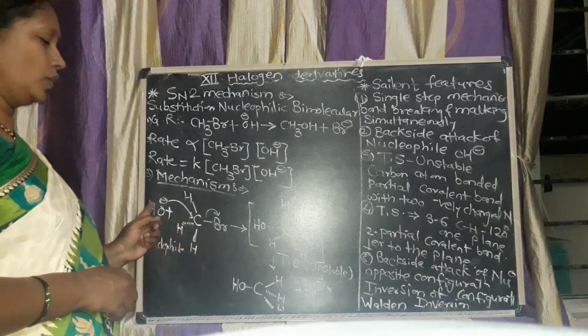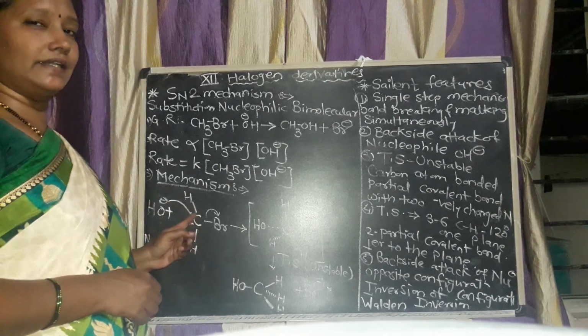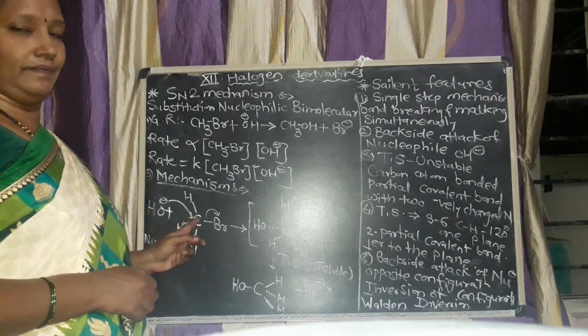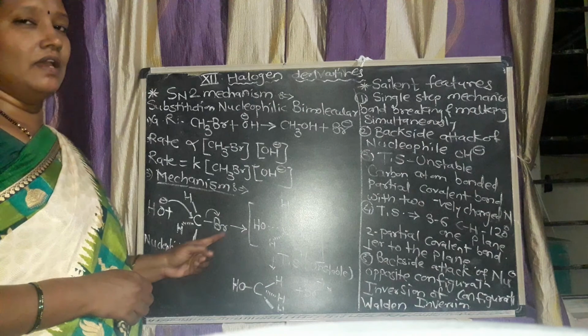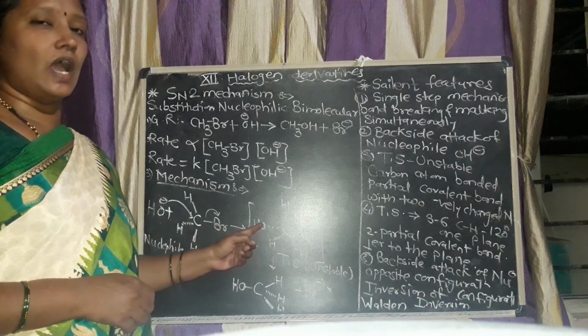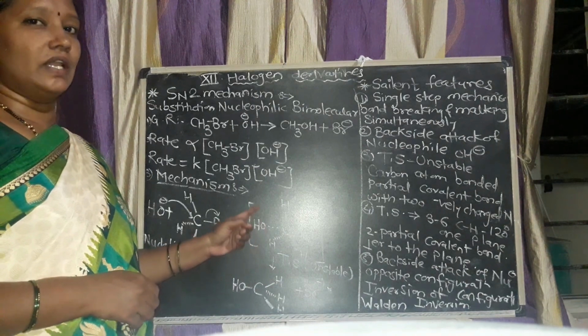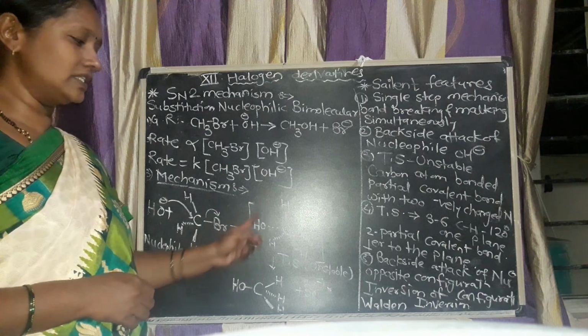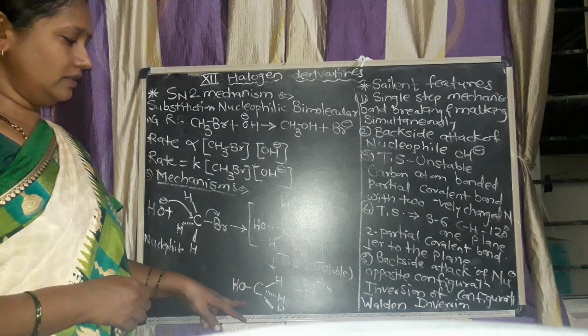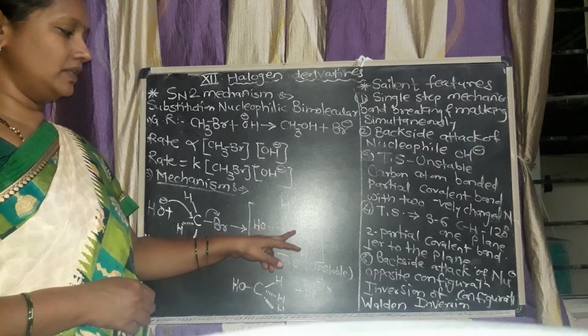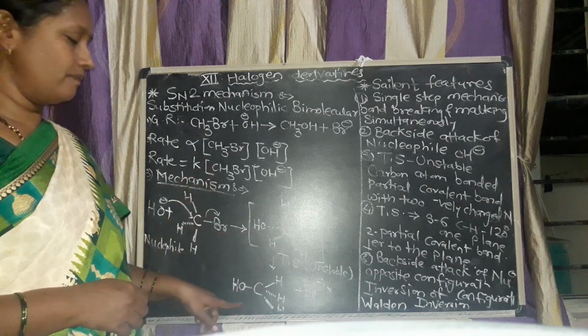In this, the nucleophile attacks from the backside to the central carbon atom, and Br minus is the leaving group. First there is the formation of the unstable transition state. Then the bond breaks between the carbon and bromine.